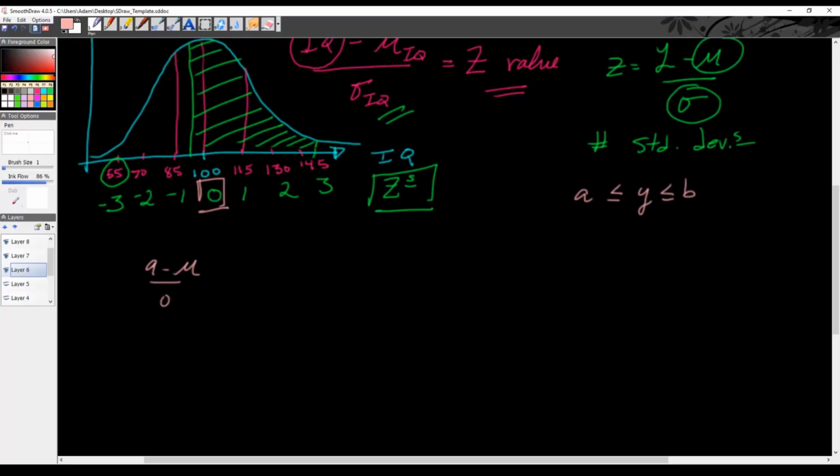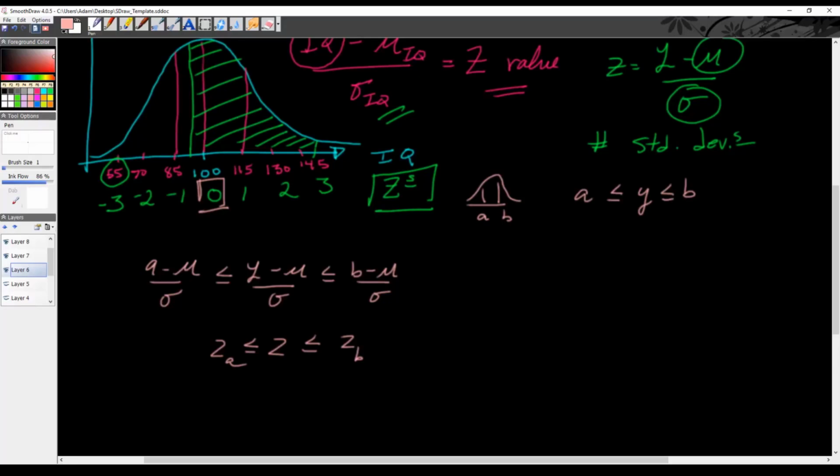So a minus mu divided by sigma, so we're basically just solving for z values, is less than or equal to y minus mu divided by sigma, which is less than or equal to b minus mu divided by sigma. Remember, we're mapping these a, b values to standardized z values. So essentially z would be less than or equal to the z value that corresponds to the b value, and greater than or equal to the z value that corresponds to the a value.